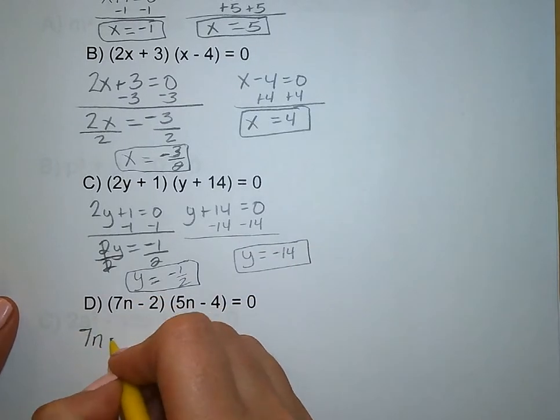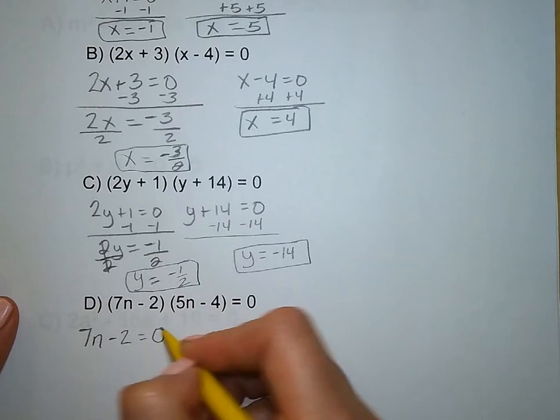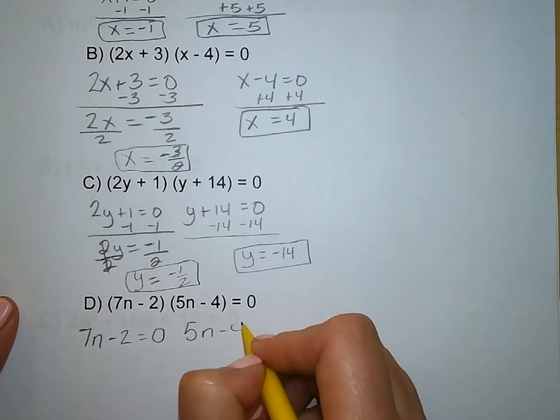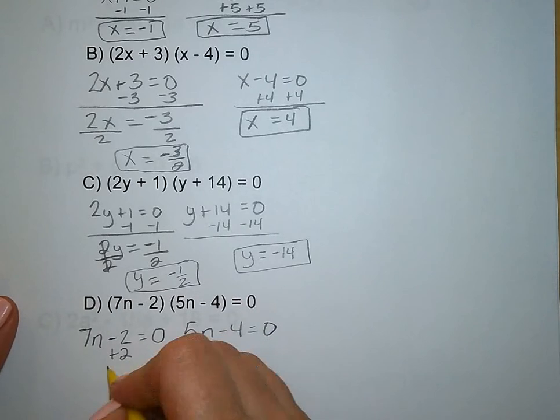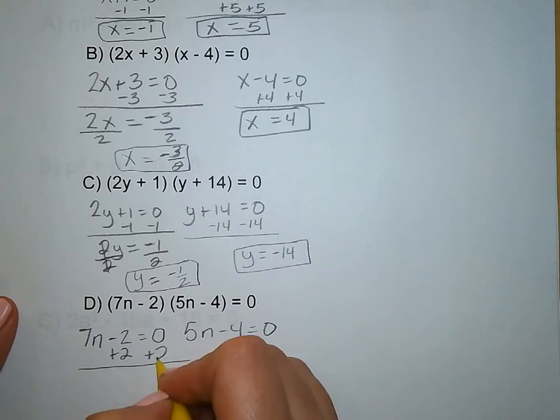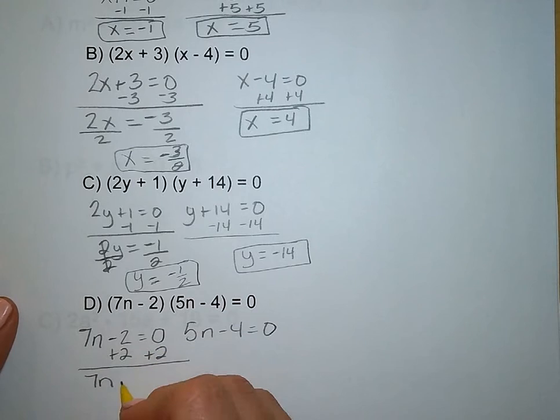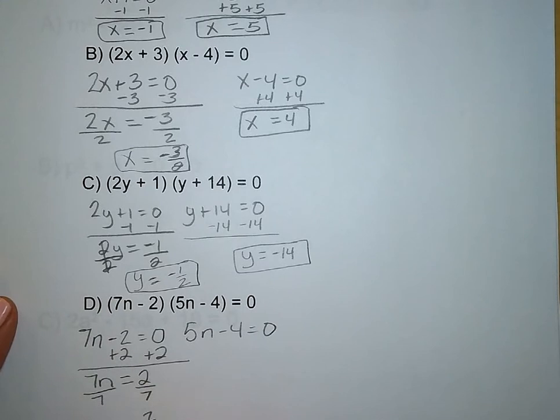Letter D, 7n minus 2 equals 0, and 5n minus 4 equals 0. We're going to add 2 to both sides of the equation. 7n equals 2, divide by 7, and n equals 2/7.